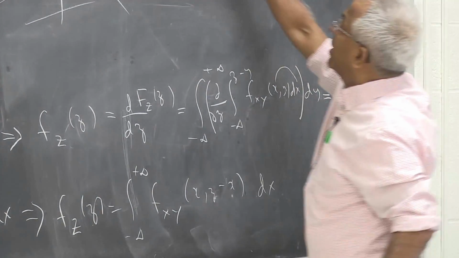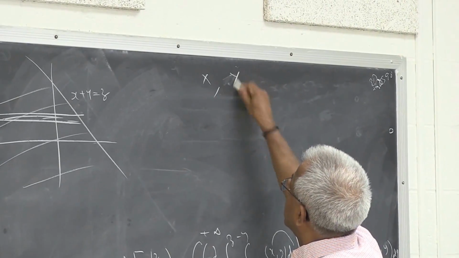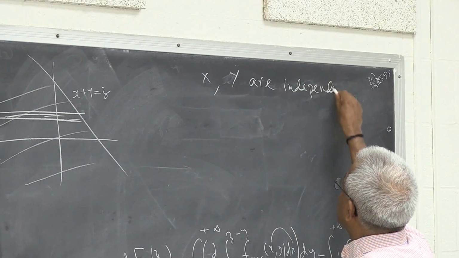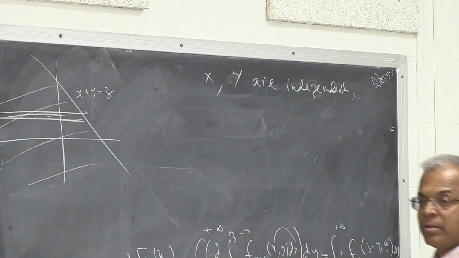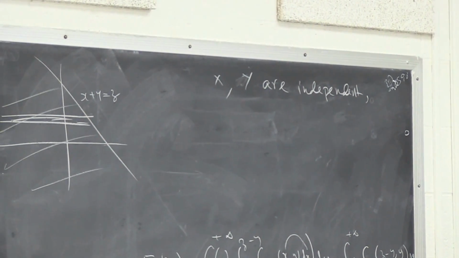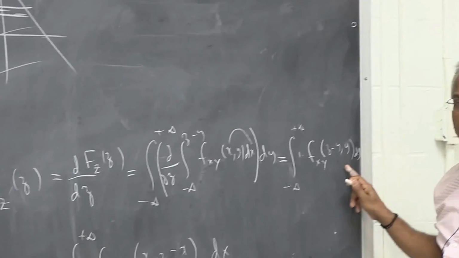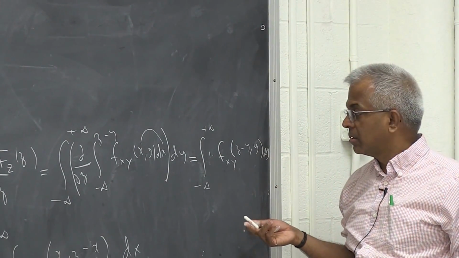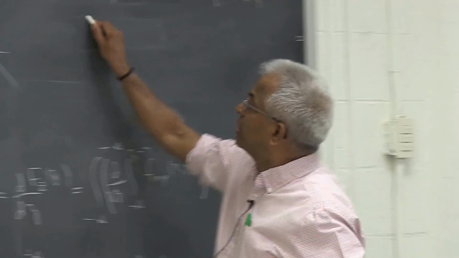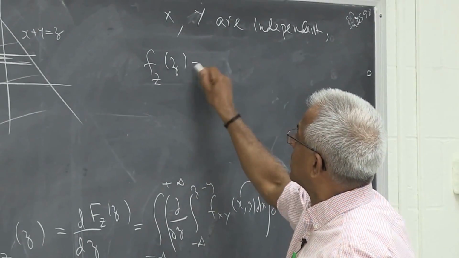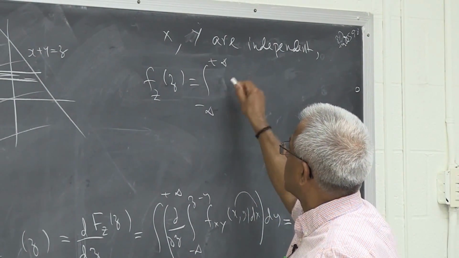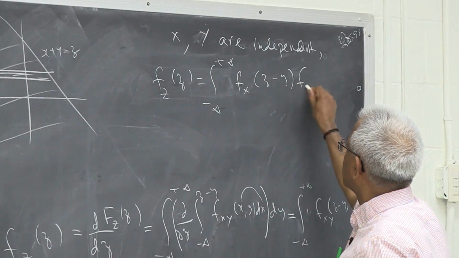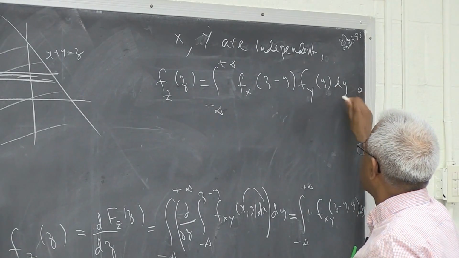Now, in particular, if x and y are independent, then what happens to the joint density function? Anybody? Joint density function becomes what? f_X(z minus y) into f_Y(y). Joint density function becomes the product. Then f_Z(z) you can write as the integral from minus infinity to plus infinity of f_X(z minus y) multiplied by f_Y(y) dy.